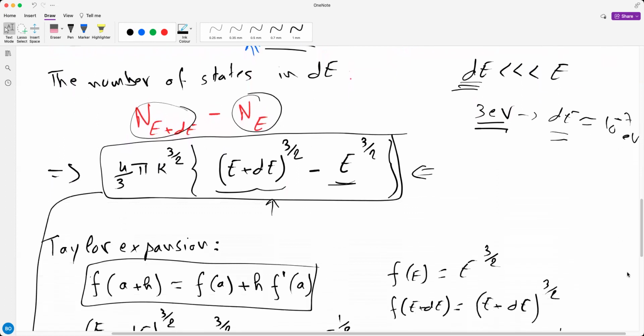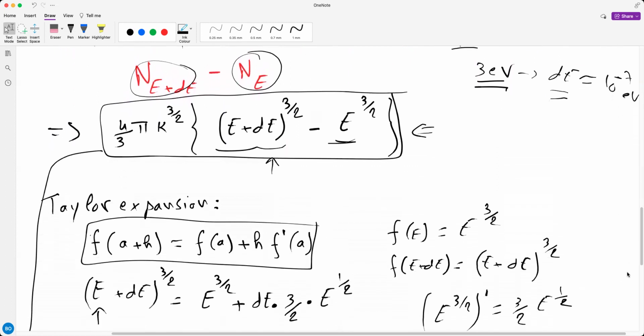The Taylor expansion tells me that if I take a function at any point a, and I want to calculate a plus h, then it is equal to the function at a plus that h times the derivative of that function at a.